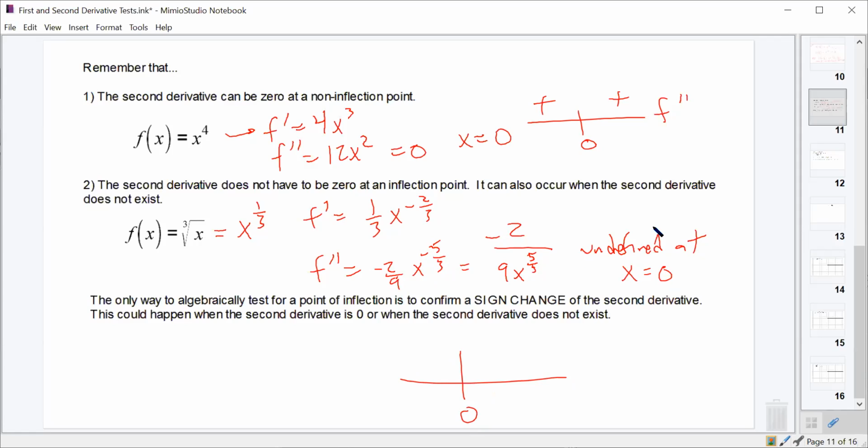So we got to make sure we check for these values where it's undefined. We plug in a positive to this, 9x to the 5/3, a positive number. This denominator is still positive, and so it becomes a negative when you do -2 divided by it.